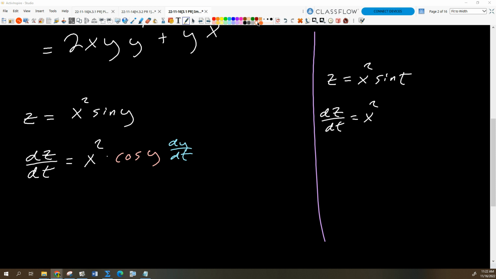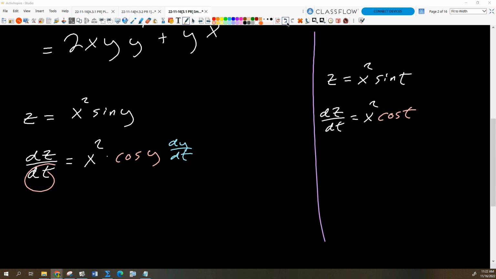What's the derivative of sine t with respect to t? Cosine t. End of story, right? We would have just gotten cosine t times what's inside the sine, dt/dt is 1, so I don't even write it. You see the difference here, right? Why did we need that extra derivative here and not here? Well, because here, sine was a function of y, not t. So I've got that extra link that's imposed by the chain rule, okay?